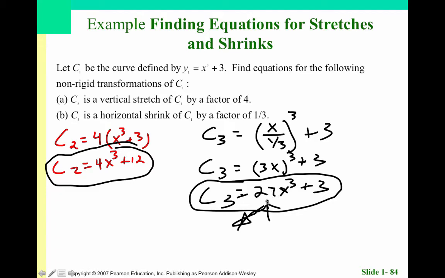How can I tell with the end result whether it was a vertical stretch or a horizontal shrink? I can't. And can you tell that the 4 makes it go up faster by a factor of 4 and the 27 makes it go up faster by a factor of 27? Absolutely, you can tell that because we're multiplying by a number greater than 1.